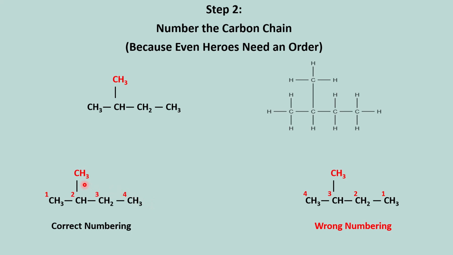We want to do everything possible to give the substituent the lowest possible number. Here, the substituent is located on carbon number 2, but in the wrong numbering, it is on carbon number 3. That makes this numbering wrong, and using it will lead you to name the organic compound wrongly.